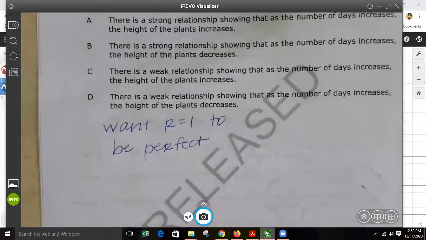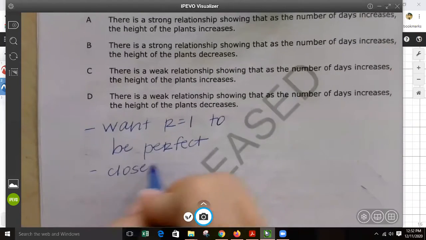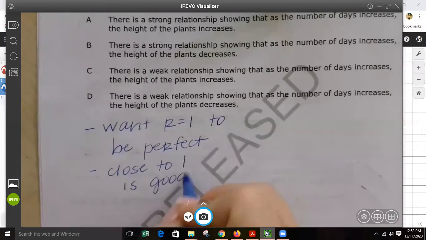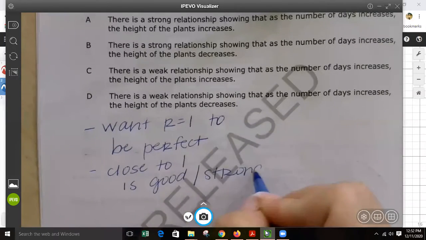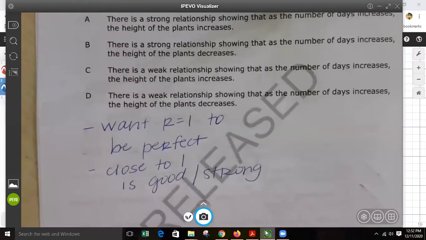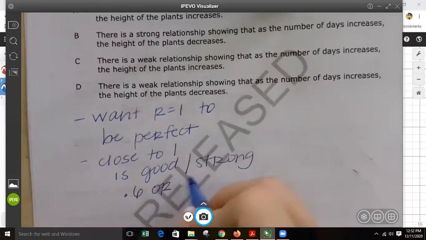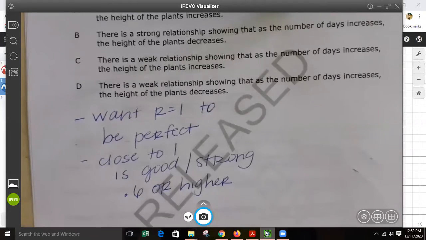So anything really close to 1 is good, which means it's strong. And that's probably anything 0.6 or higher. 0.6 is kind of iffy.